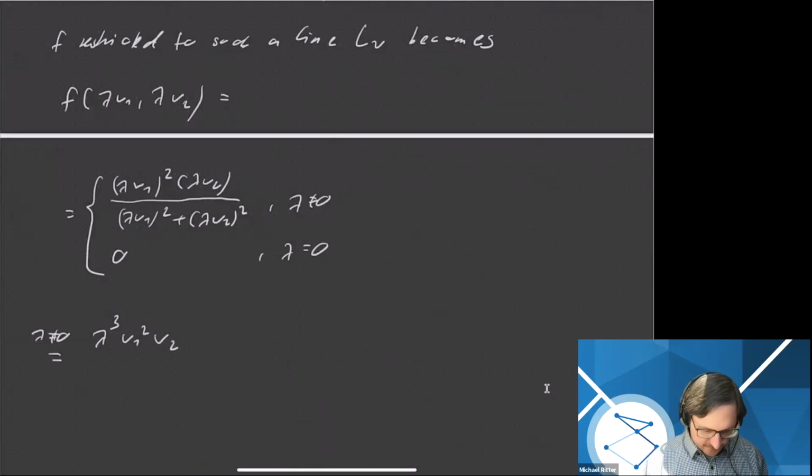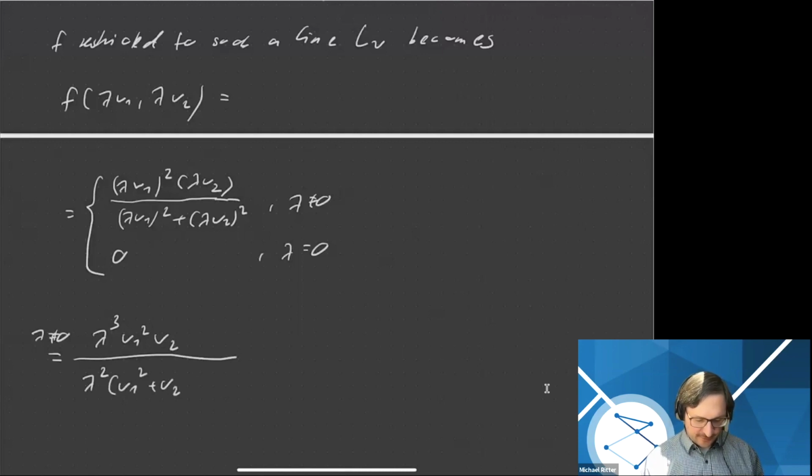Let's correct that, so like this. And then in the denominator, we have λ squared in both of these summands, so we can take this out of the sum. That's λ squared, and then it's v1 squared plus v2 squared.